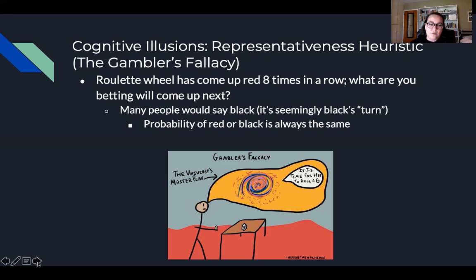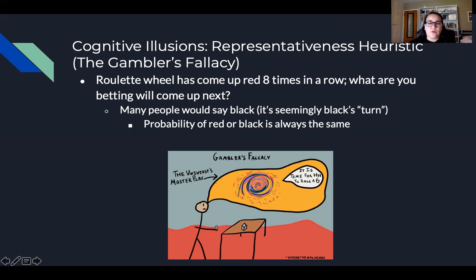But although in the long run, the number of times that black has come up should equal the number of times that red has come up, this doesn't mean that in the short term, you're going to see these proportions. And so this explanation also applies to the coin flipping example that I talked about earlier.